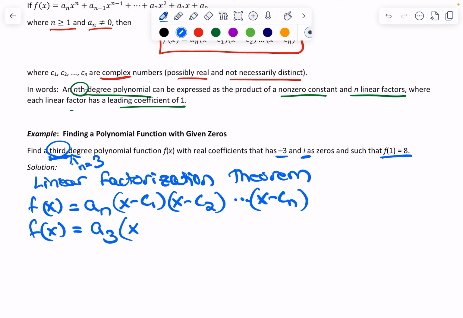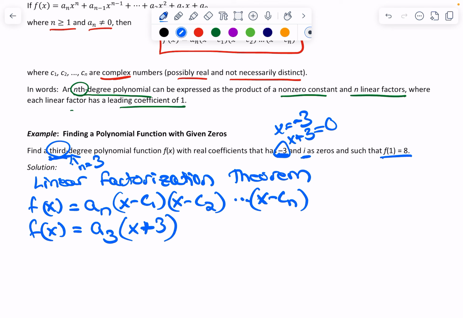One of the zeros is -3. And now remember, when we say that a zero is -3, when we write it as a factor, we bring it to the same side as the x, so it switches the sign. So this is x plus 3.